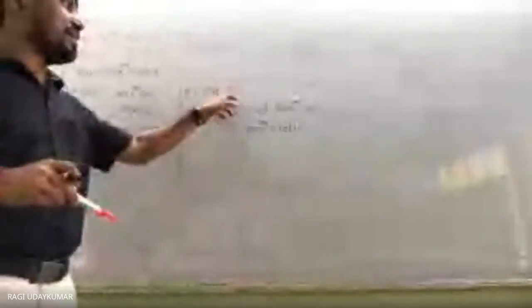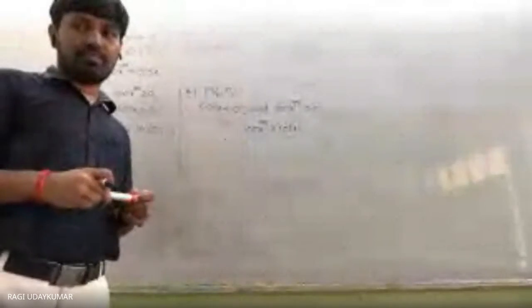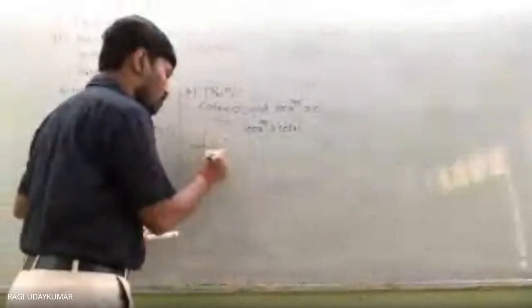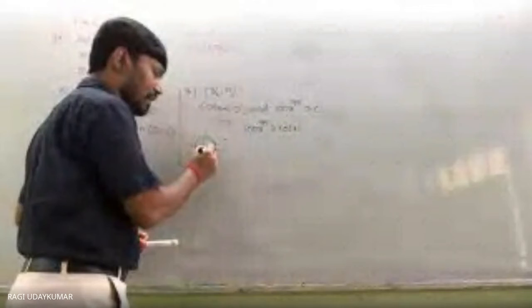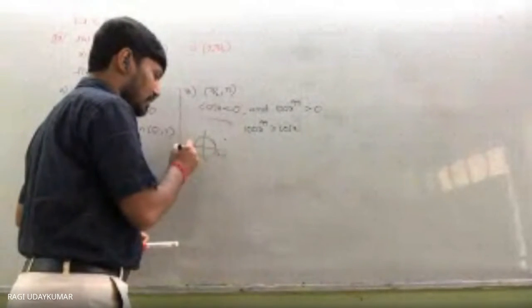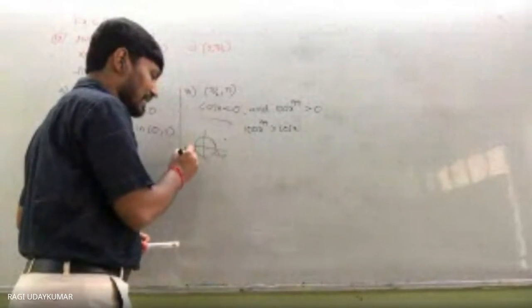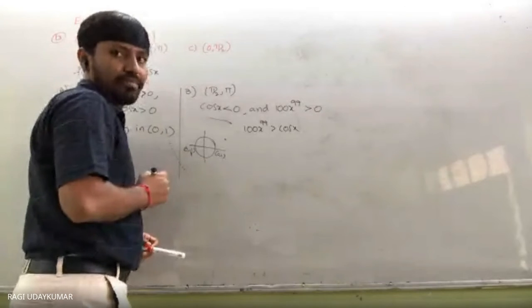Because the cos x value in that interval starts from 0 and goes to -1, so it will be between 0 and -1 in this interval. Because what is the cos pi value? Simple here, you have to keep this in your mind. This is 0, 1, this is 0, -1. This is cos pi, -1.